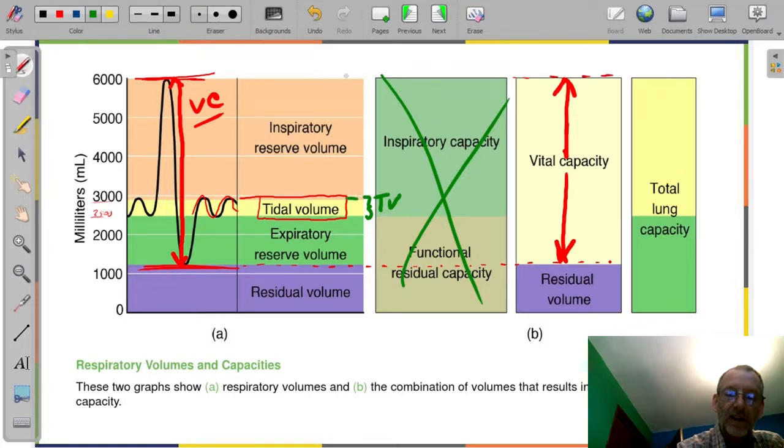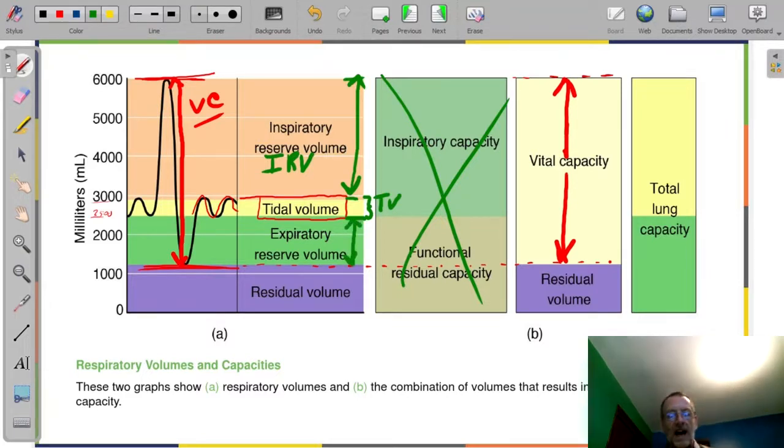And then the extra volume that you can inhale is your inspiratory reserve, which we'll just abbreviate IRV. Likewise, the expiratory reserve is this volume. And if you add all three of those together, you should wind up with vital capacity.